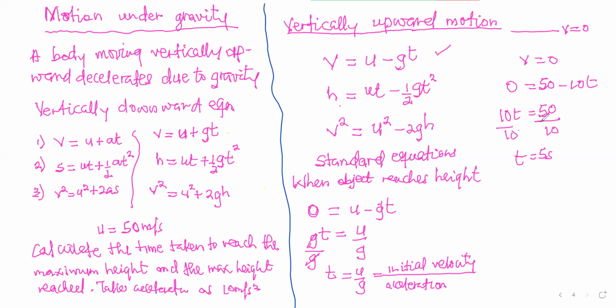Instead of using equation 1, we can also derive a standard formula: t would equally be the initial velocity 50 divided by the acceleration due to gravity value given to you, and you get the same answer.